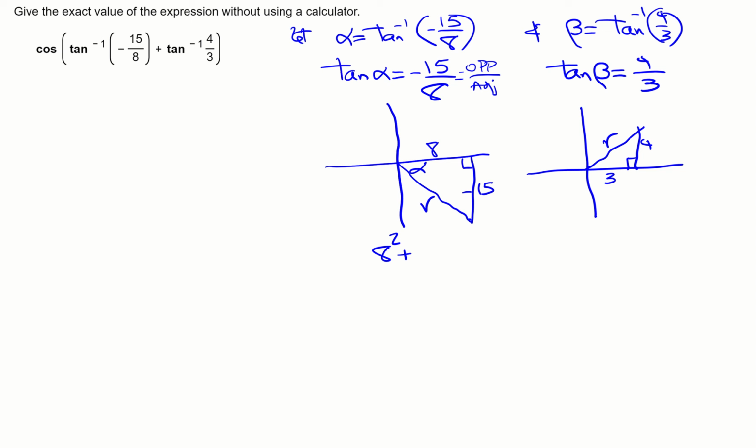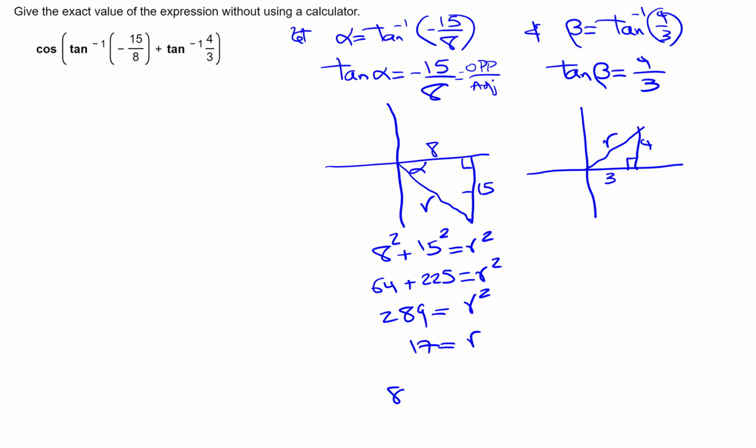So 8 squared plus 15 squared equals R squared, so 64 plus 225 equals R squared, so R squared equals 289, and that gives us R equals 17.